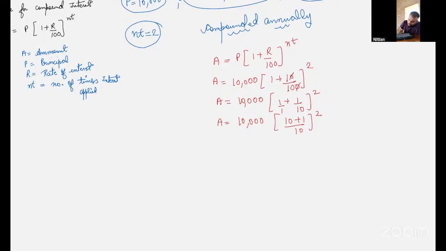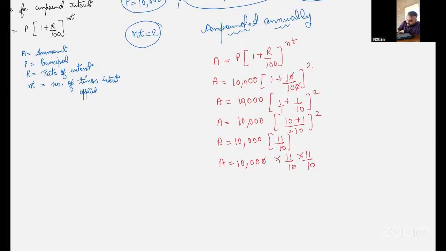Now, if I solve this further, I'll get the answer 11 upon 10 squared. So amount will become 10,000 into 11 by 10 into 11 by 10 because the power is 2. So we can write it down 2 times in multiplication.